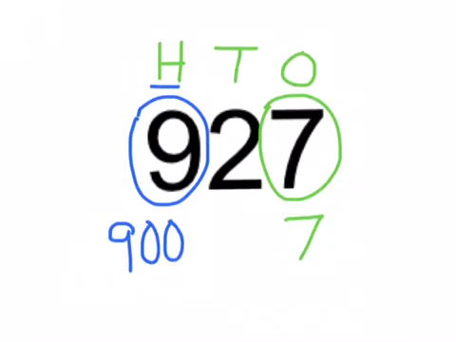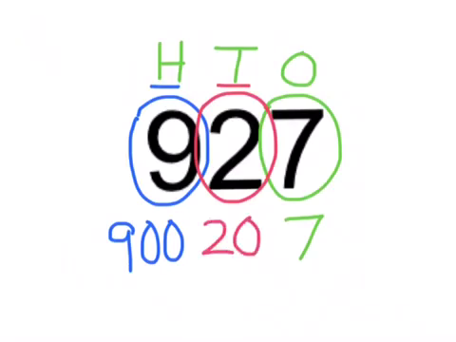Okay, and the last column we have, there's the digit 2. Remember, it's in the tens column, so its value isn't 2 or 200, its value is 20. So we have the number 927.